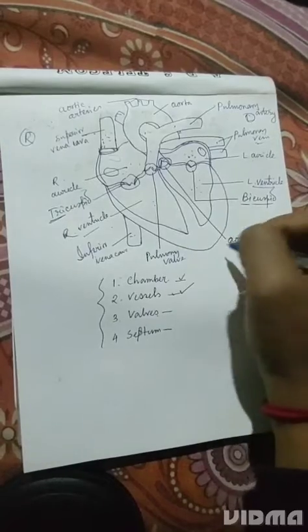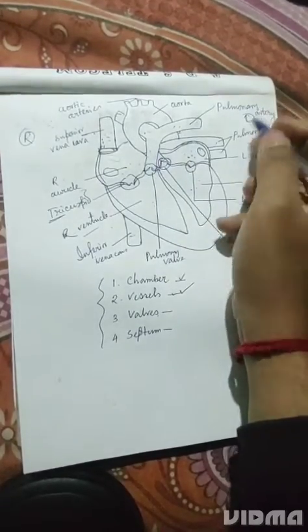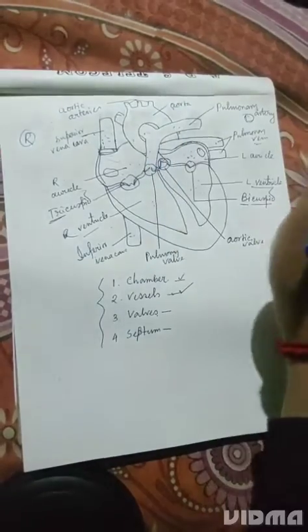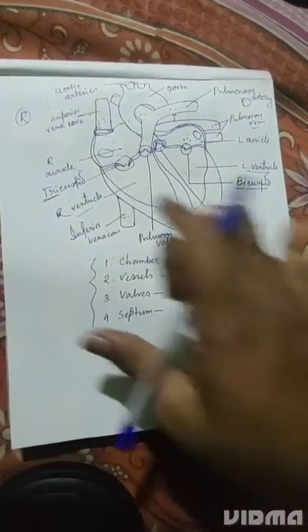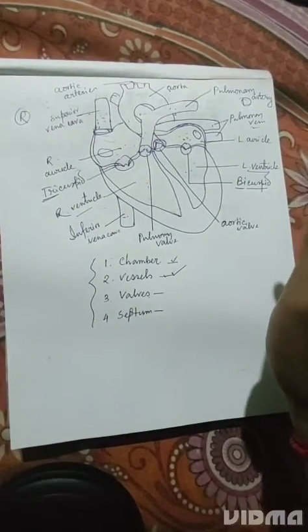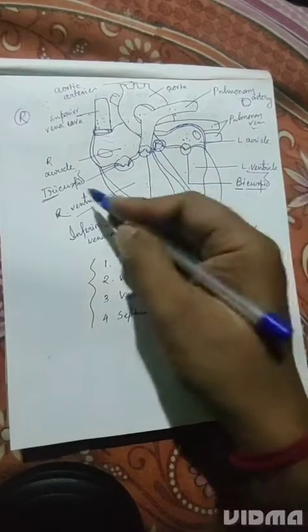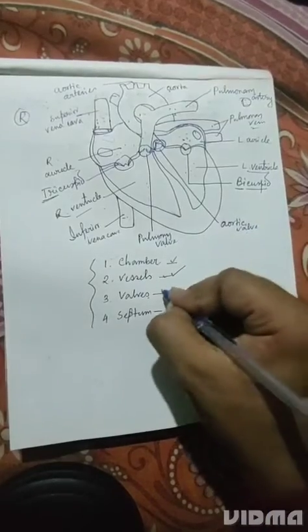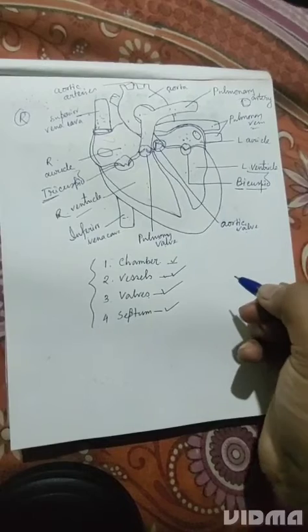The names are easy to remember because the pulmonary valve goes to the pulmonary artery and the aortic valve goes to the aorta, so there should be no confusion. So mainly four valves: bicuspid, tricuspid, pulmonary and aortic. So valves are complete. Now number four, septum.